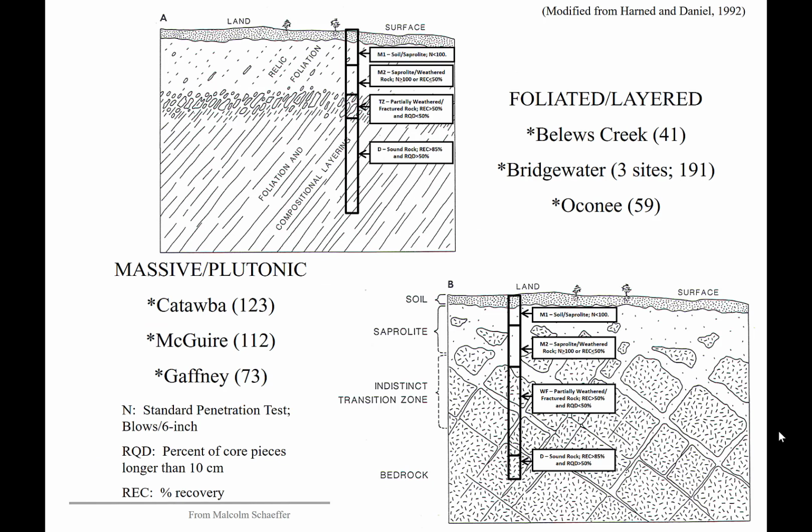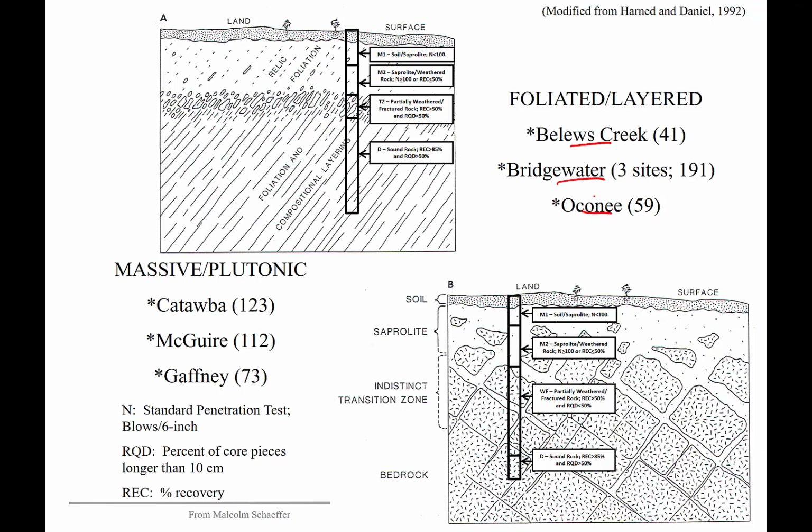So the idea of understanding or recognizing and distinguishing fractured rock, saprolite, and transition zone was developed further by Malcolm Schaefer and his colleagues when they were characterizing several different sites for power plants, shown here.